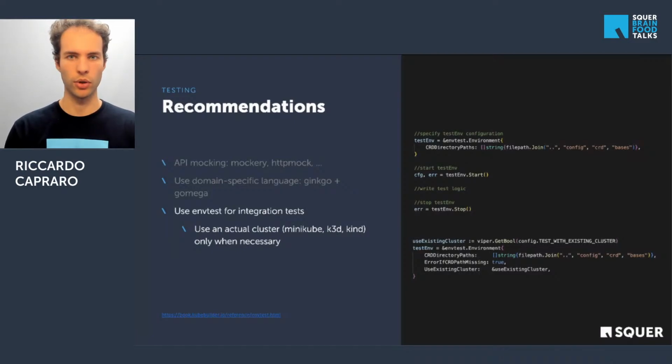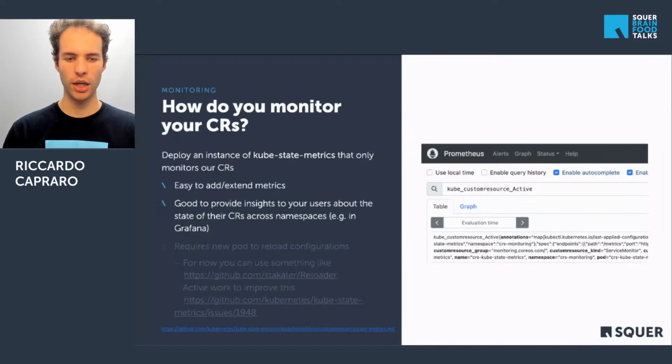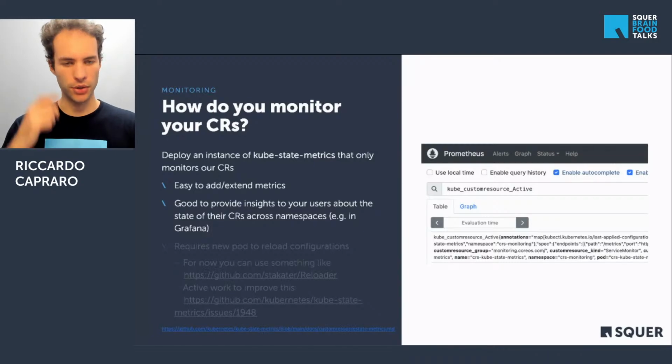Links in the slides. We will share the slides afterwards in the various channels, on the meetup post and on YouTube. Monitoring. This is probably the last big topic of today. How do you monitor your custom resources?